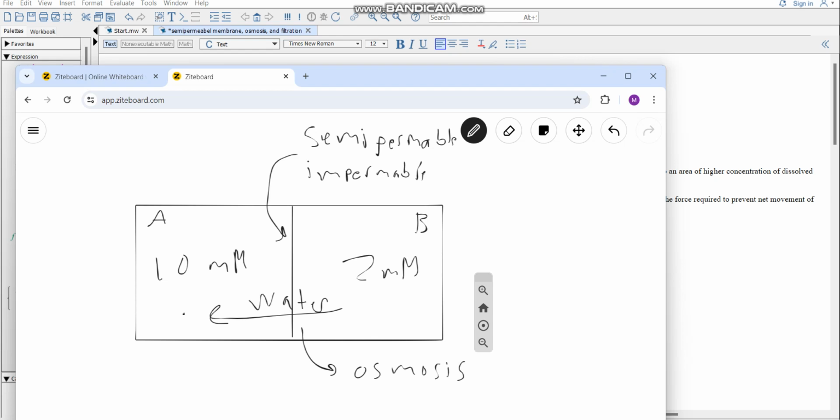In the solution with higher osmolarity, in compartment A, water will diffuse from lower to higher osmolarity. So osmolarity refers to the number of moles of osmotically active particles per liter of solution. And osmotically active particles are particles that are not water. Okay, so of course the osmolarity is higher in compartment A compared to compartment B.